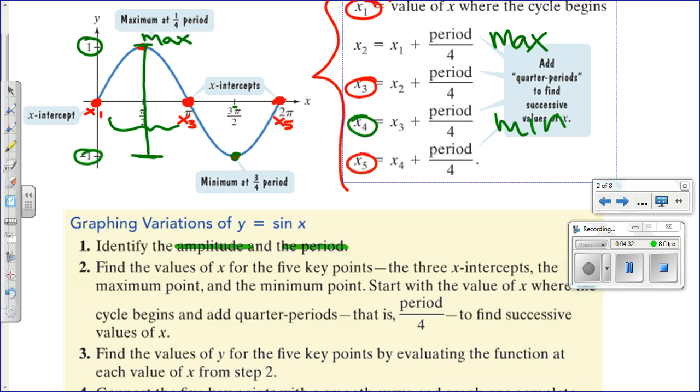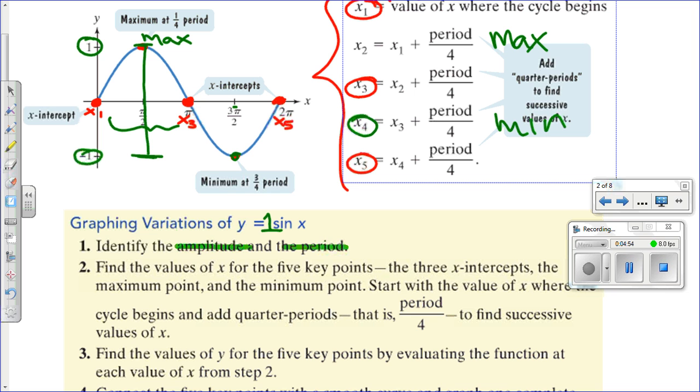But I think that the easiest way to find the amplitude is by looking at the coefficient that your function will have in front of sine, and that will tell you what the amplitude is. So for the parent function, the amplitude is 1. And therefore, the minimum y value is -1, the maximum y value is +1.